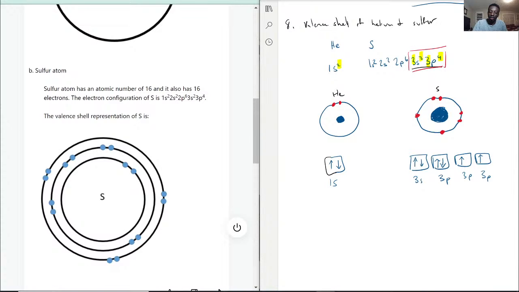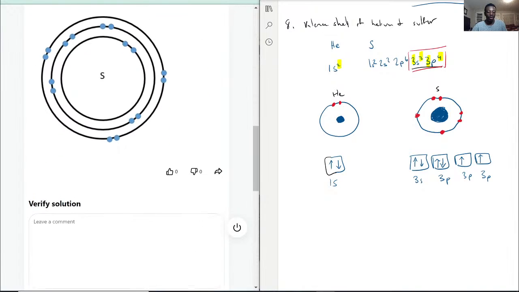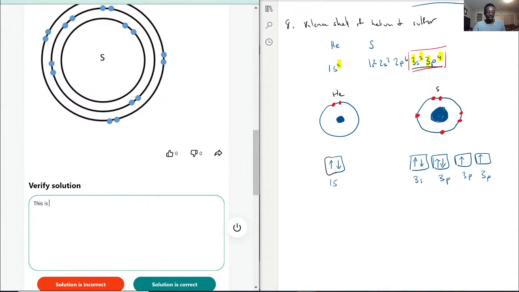They still have the 1s2, then the 2s2 2p6, and then the 3s2 3p4. But overall this would be incorrect. They only ask for valence shell. I'm only listing it as incorrect because it's important that you read the question carefully and answer specifically what they ask, so you don't trip yourself up.